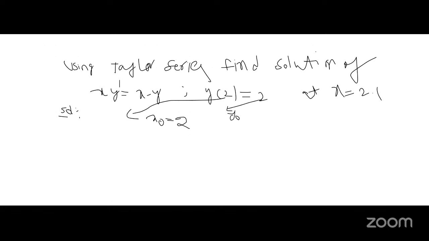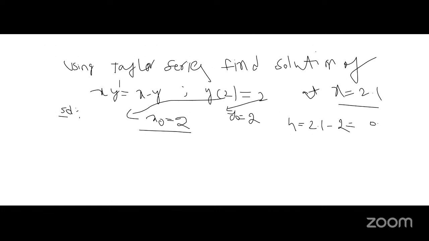We need to find the value at the point 2.1. Since x naught is 2 and we need x equal to 2.1, h becomes 2.1 minus 2, so we can write 0.1.